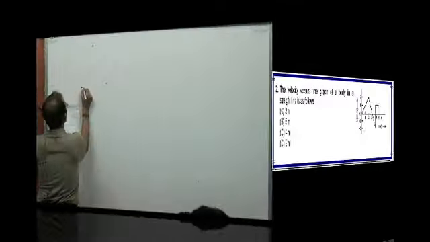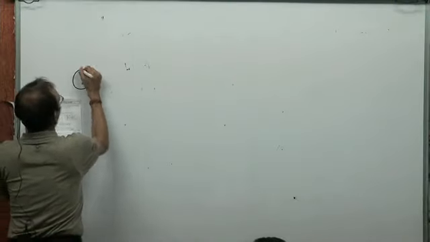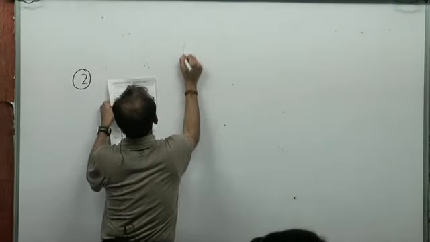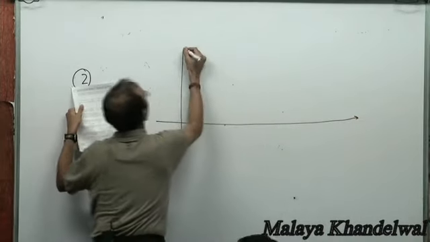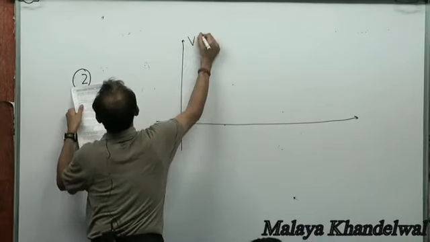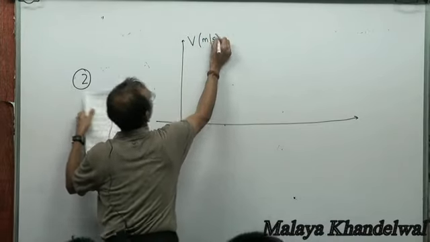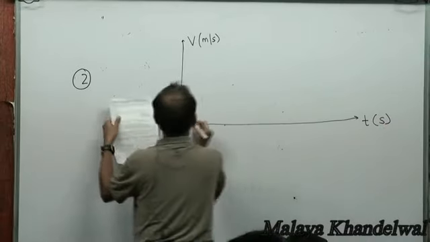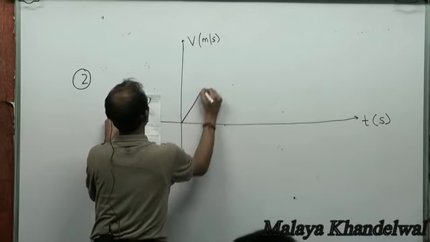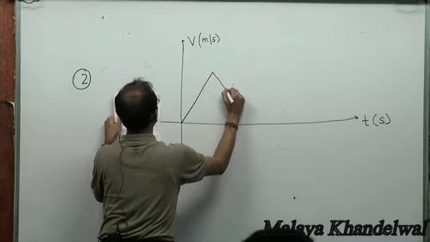Problem number 2, we have an instance of a velocity time graph. Velocity in meters per second versus time in seconds. And this is how the graph looks.